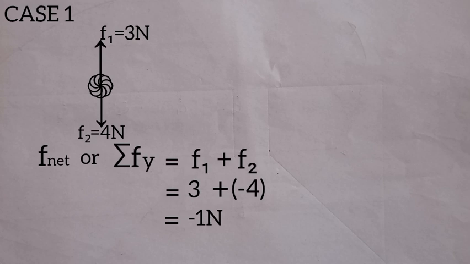Now, let's take another instance. What about case 2? What about when the forces are acting perpendicular to each other? The forces are at right angle to each other. Let's say we have F1 and F2, right? We are assuming that the vertical one is F1 and the horizontal one is F2, but they are acting at 90 degrees to each other.